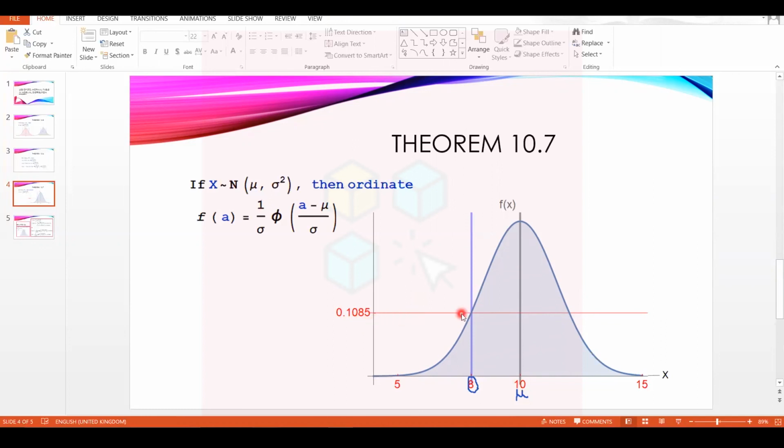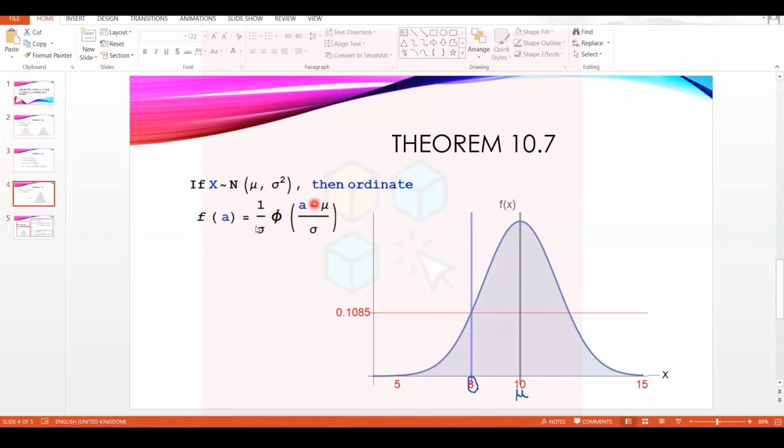The second method is to substitute this 8 here in phi. Phi and f are both used for density functions. Small f is for the normal density function and small phi is used for the standardized normal density function. Mu and sigma are the parameters.